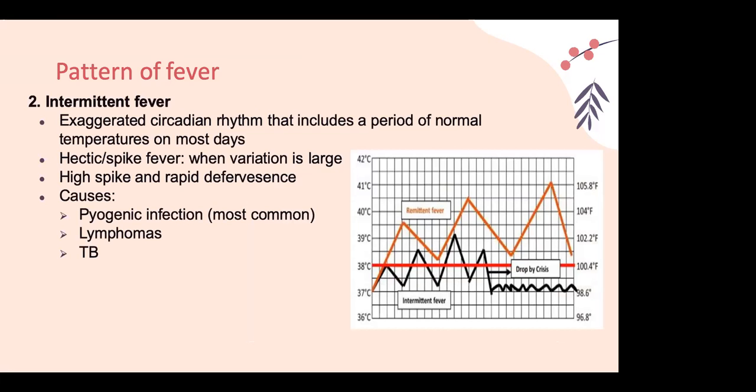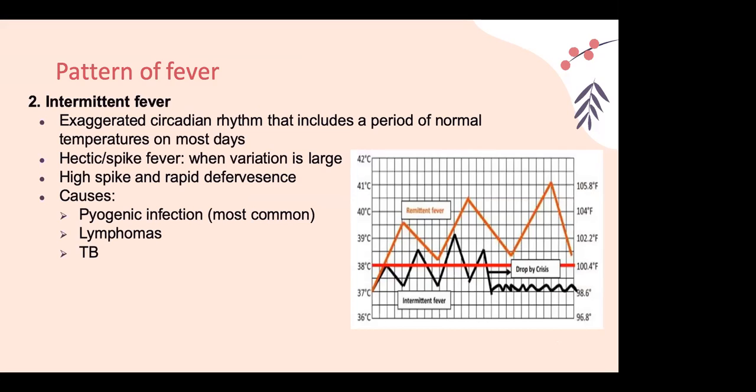Next, intermittent fever occurs because of an exaggerated circadian rhythm that includes a period of normal temperature for most of the day.